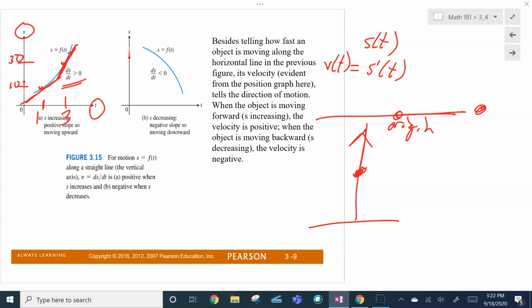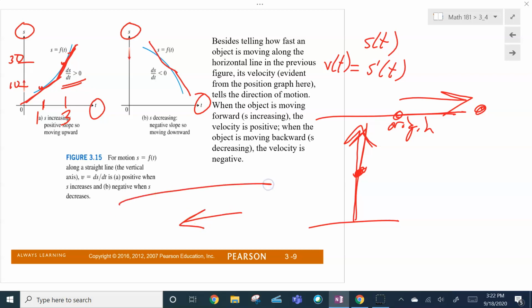Because the velocity is positive, it's still going to the right, or if it's going up, it's still going up, right? Whereas over here, this is a position graph. Now your slope of the tangents are negative, so that thing's moving in a negative direction. It's going that way if it's going right or left. If it's up and down, that means it's moving downward, okay?